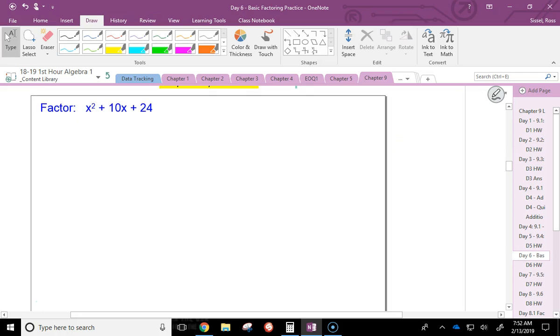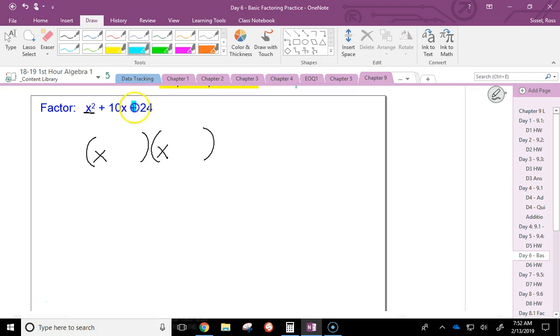Here's what we're going to do. Factor x squared plus 10x plus 24. The way we're going to do this is, first thing is I notice up here I have x squared. So that tells me I'm going to have x and x, because x times x is x squared. I break that one down first.